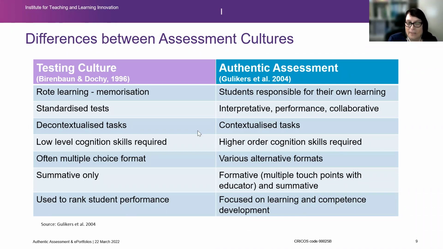Whereas in authentic assessment, they're contextualized. And you'll see that a little bit as Shari points out some of the scenarios or case studies or problem-based learning or stuff like that you might be doing. Then we come to a difference between low-level cognition skills. So if you're familiar with higher order cognition skills, low level would be just understand, comprehend, describe, outline, illustrate.